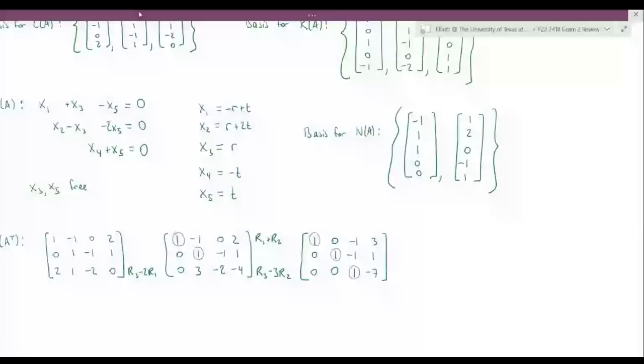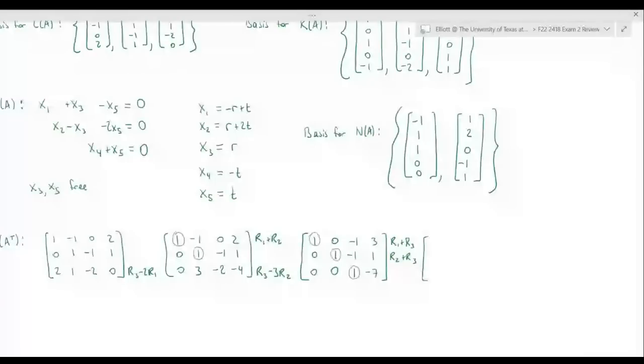Sorry, not row 1, row 3, rather, the pivot row. And I'll also do row 1 plus row 3, and that will get rid of those negative ones. And I'm adding -7 to everything else, so I'm going to get that.